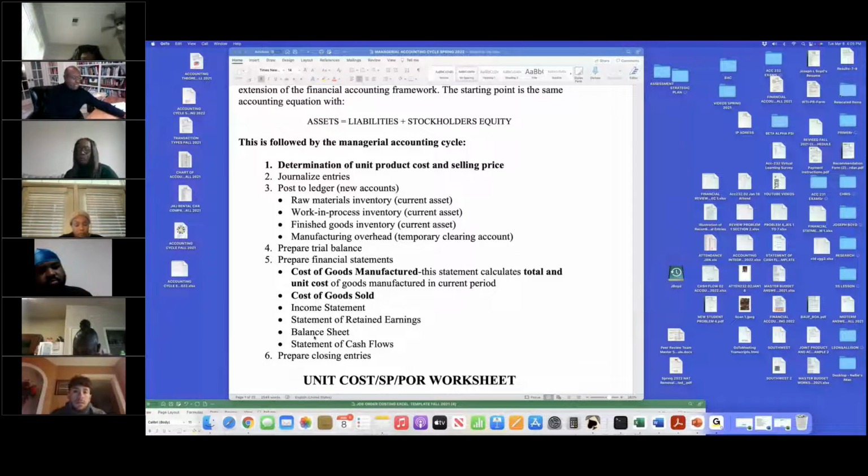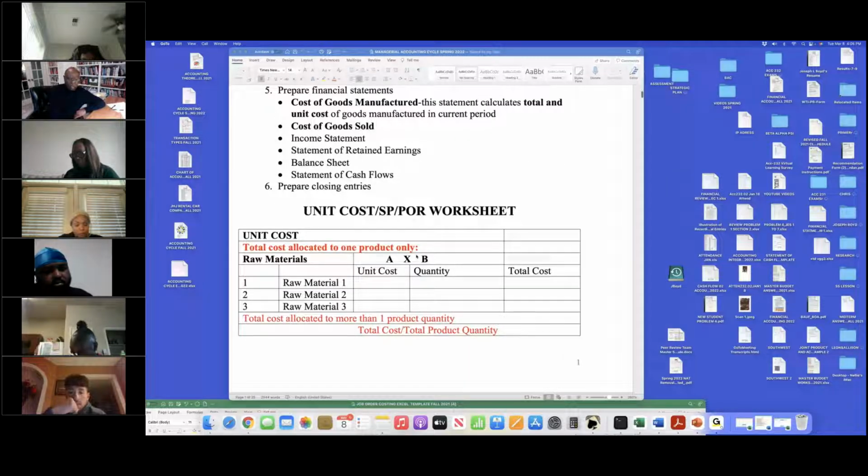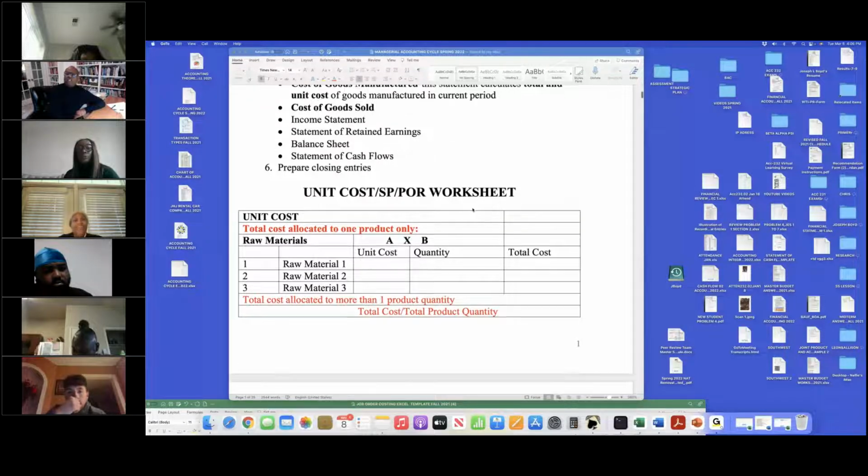And for a number of days, we've been working with how to come up with the unit cost, selling price, and POR. And some people told me yesterday that they're going to finally use this worksheet. They weren't using the worksheet.